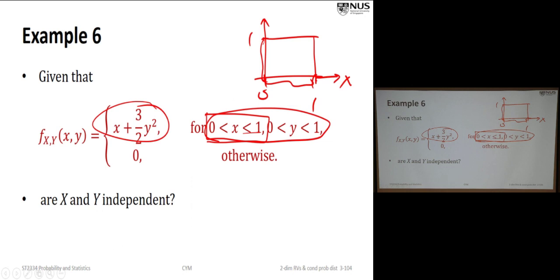See, I don't want to find f of x, and I don't want to find f of y. I just mentioned it, so don't worry if you don't get it. Look at the joint PDF.